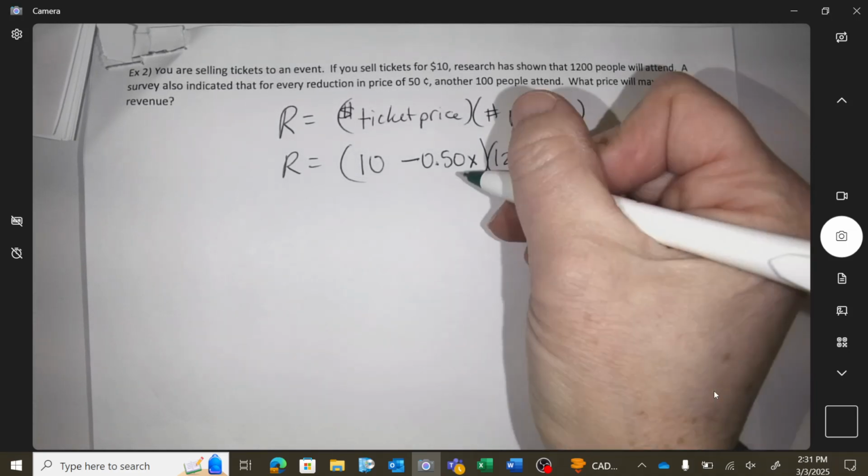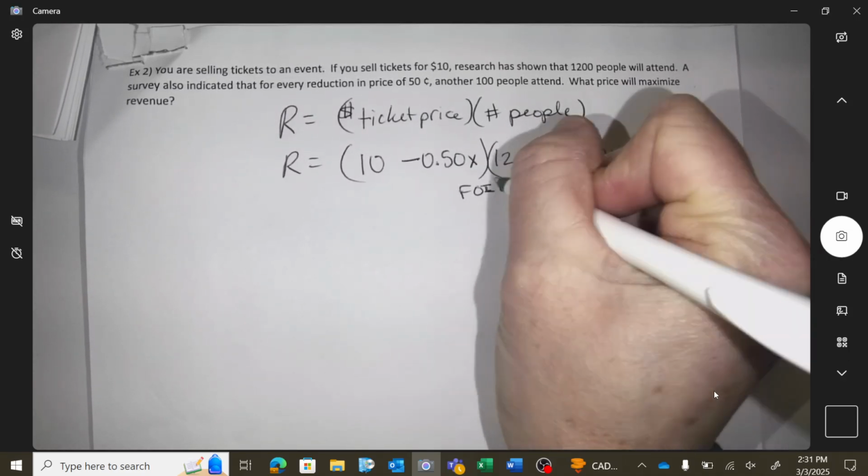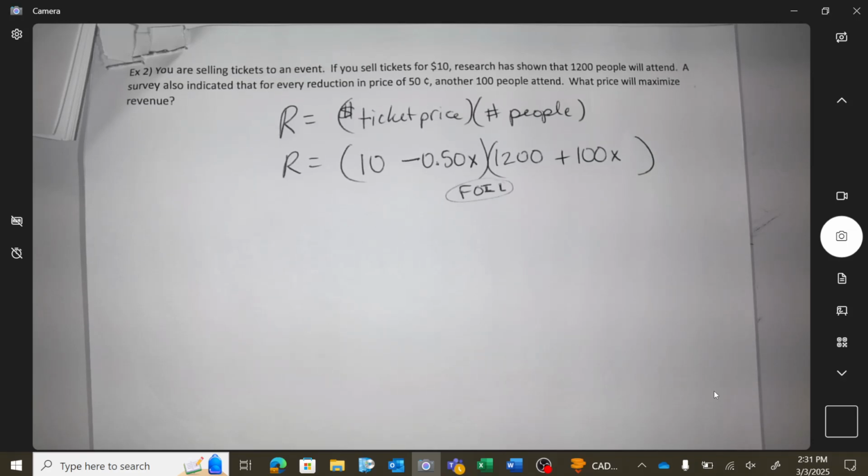Okay, you got some moves here to do on your own. You got some foiling. Okay, foil collect.